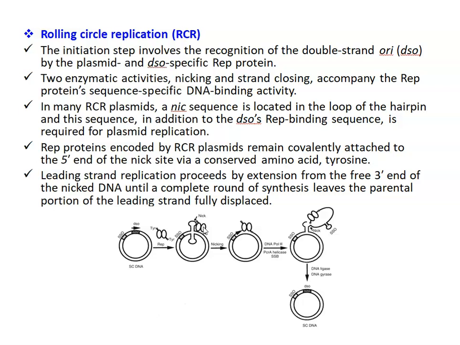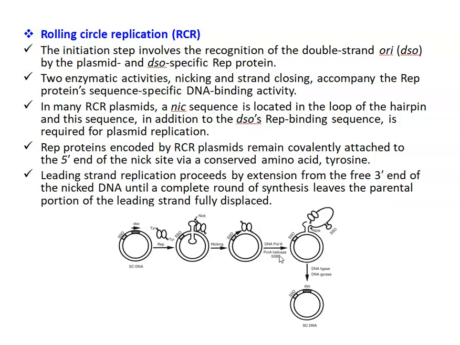Leading strand replication proceeds by extension from the free 3' end of the nicked DNA until a complete round of synthesis leaves the parental portion of the leading strand fully displaced. Cleavage and rejoining reaction at the regenerated nick site, catalyzed by rep protein using another tyrosine, results in a covalently closed circular double-strand DNA that contains the newly synthesized leading strand.